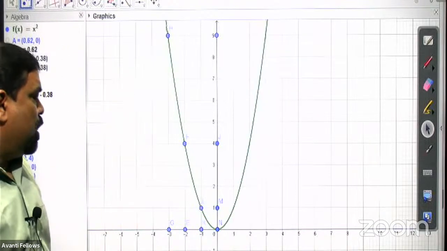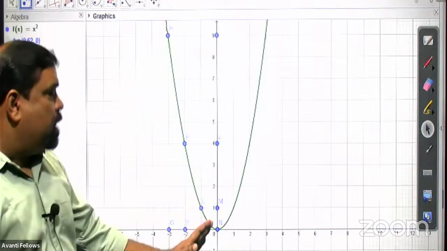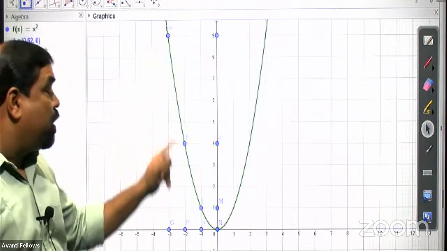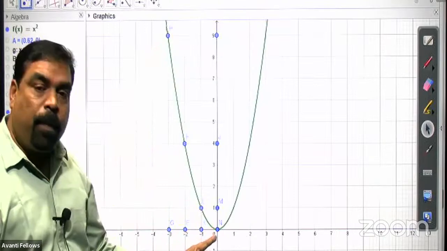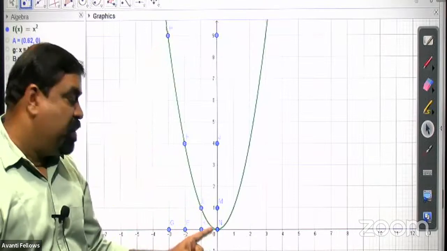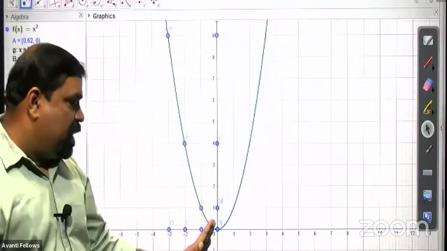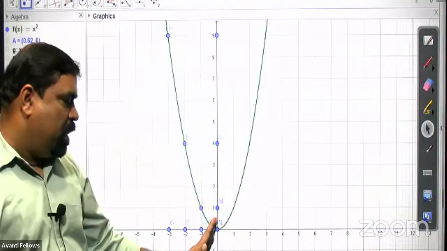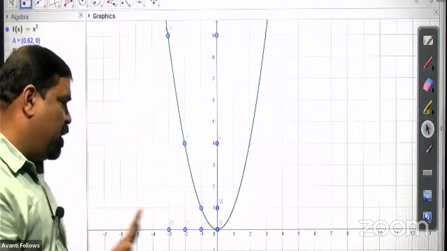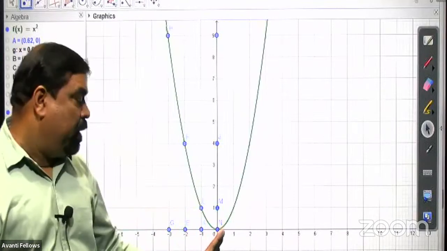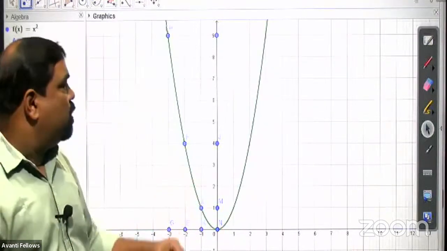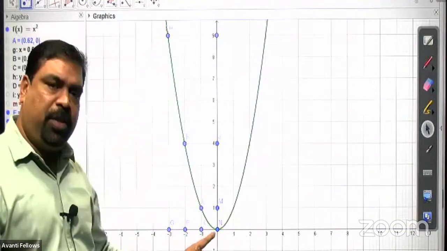That means as x increases, the function values are decreasing up to 0 only. If you take the negative real numbers as the domain, in that interval this function is of decreasing nature.